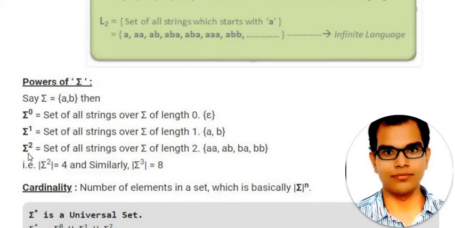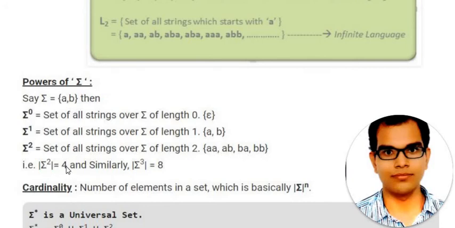Suppose we are talking about strings of length 2. That will be AA, BB, AB and BA. All these four strings come in sigma to the power 2. If someone asks what the modulus is, that is 4: 1, 2, 3, 4.